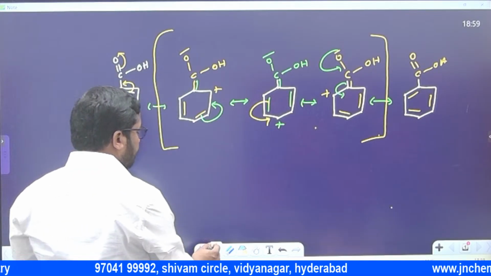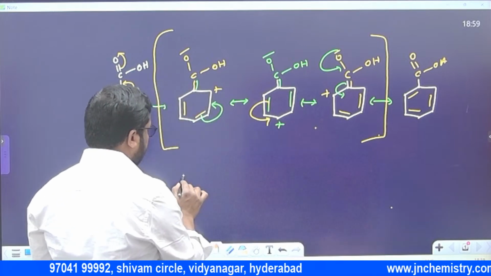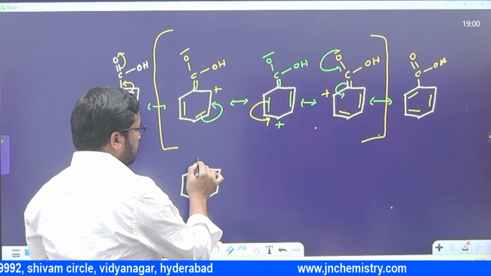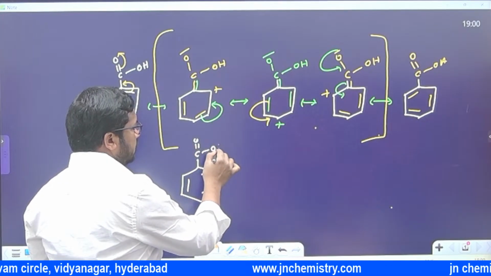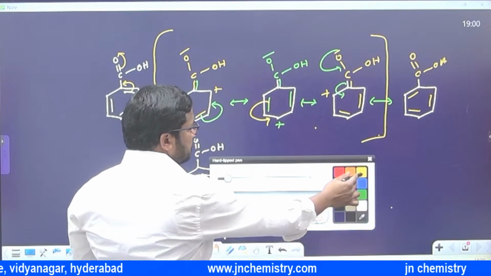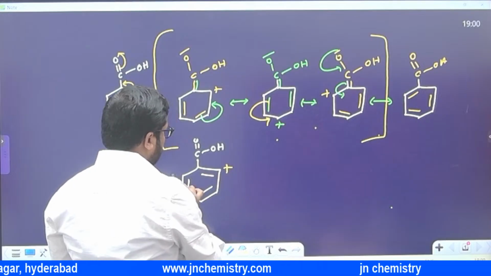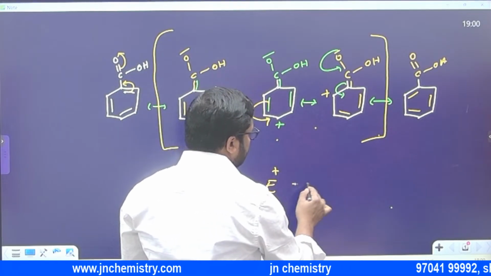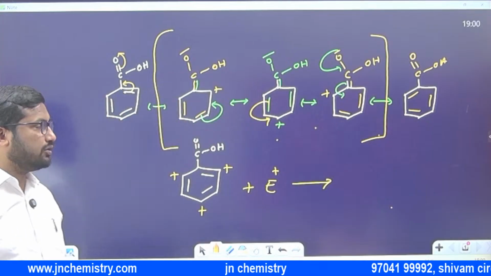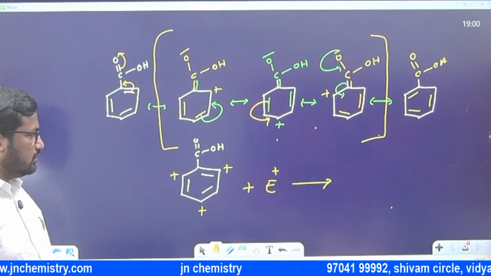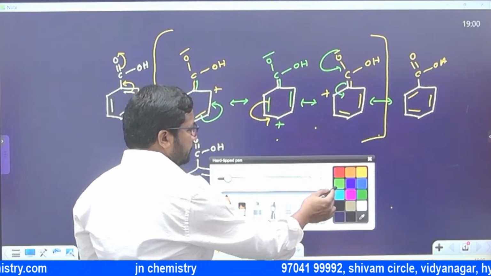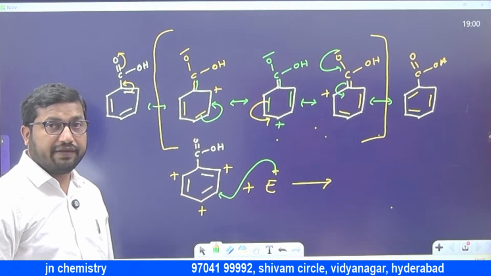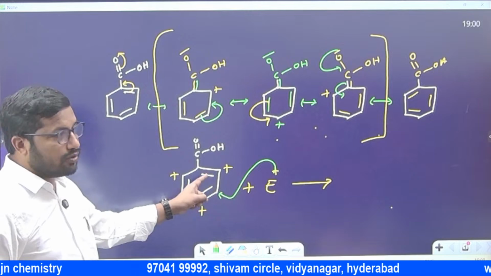At ortho and para positions, C double bond O, OH. Which charge is coming? Positive charge. So in electrophilic substitution, if the electrophile is coming, at which position is it attacking? Obviously at the meta position, because at ortho and para positions electron deficiency is already there, so it can't attack over here.